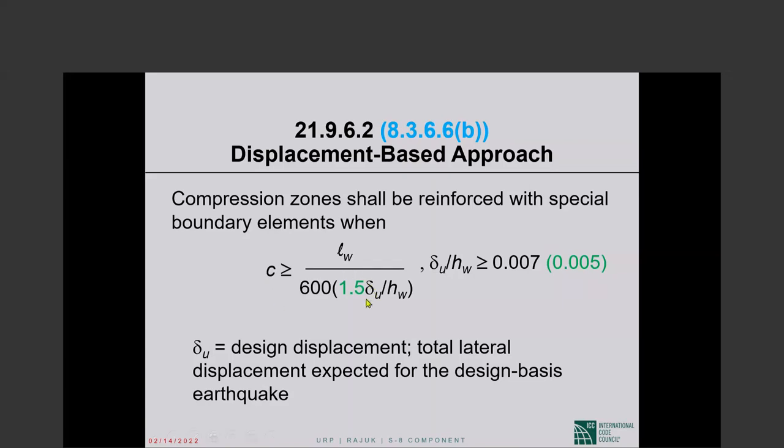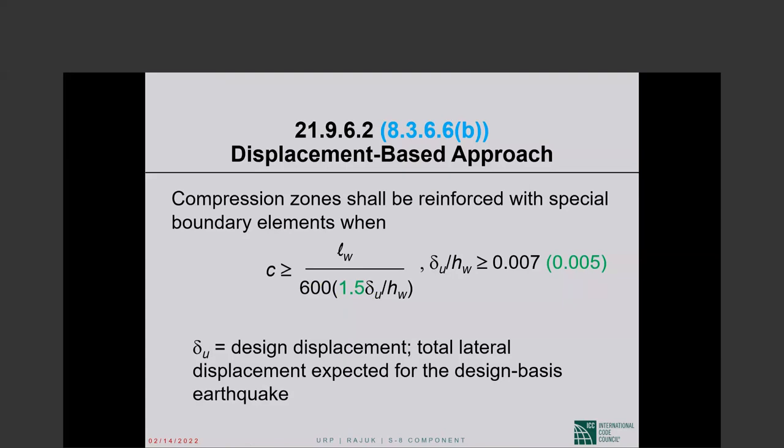Now in 318.14, in a very, very important change, this 1.5 was inserted in the denominator, which meant that many, many more walls will end up requiring special boundary elements, specially confined boundary elements.